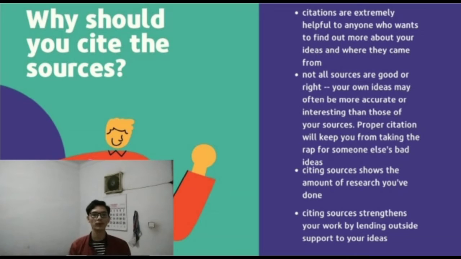Proper citation will keep you from taking the rap for someone else's bad idea. Number 3 is, citing sources shows the amount of research you have done. Number 4 is, citing sources strengthens your work by lending outside support to your idea.